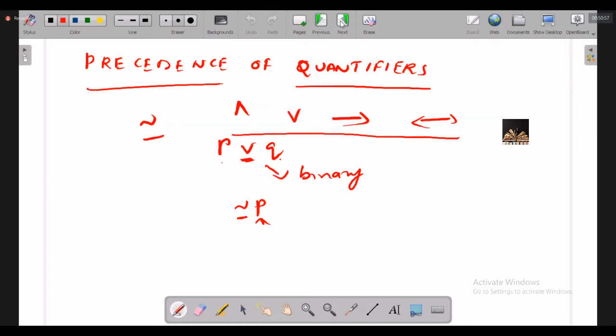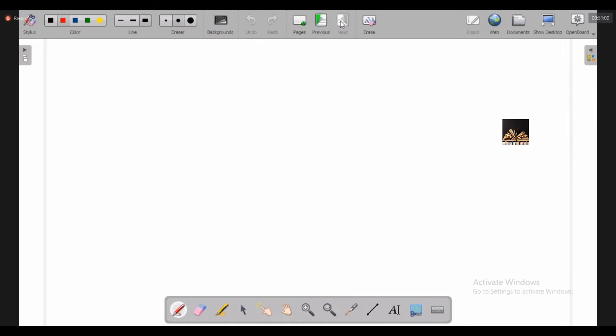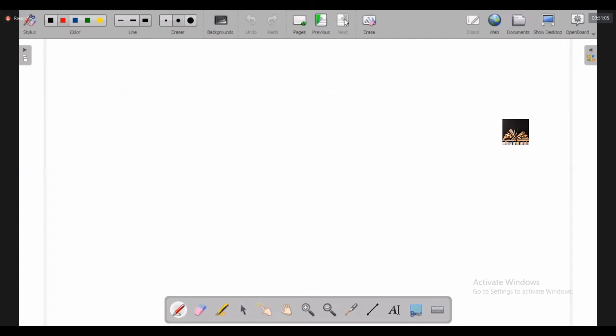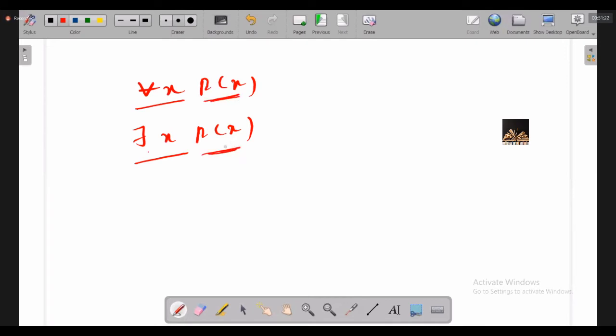The universal and existential quantifiers each work with only one predicate. So quantifiers are not binary operators, they are unary operators.